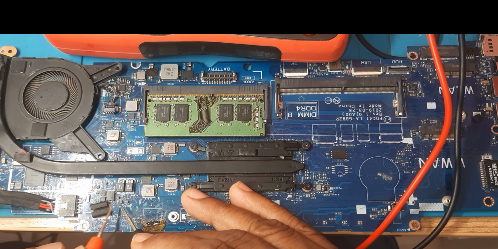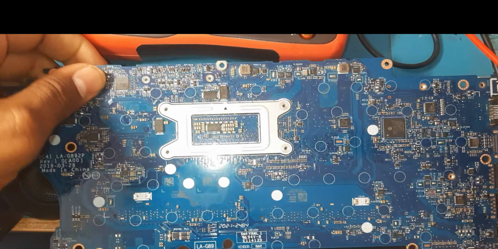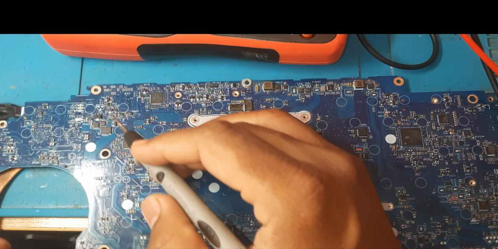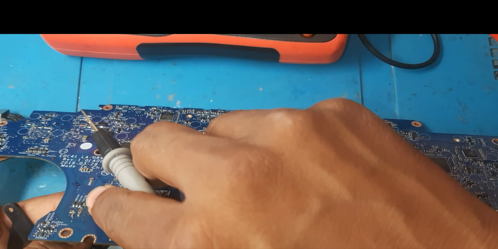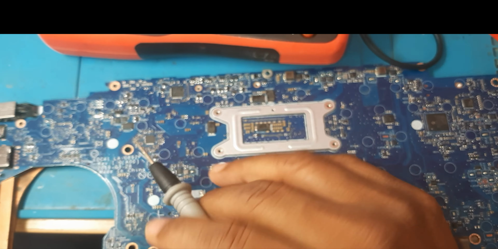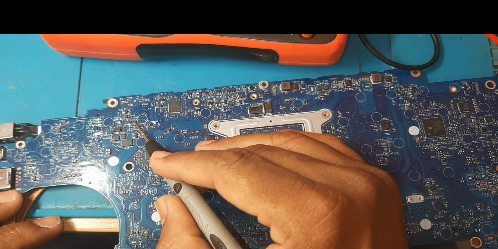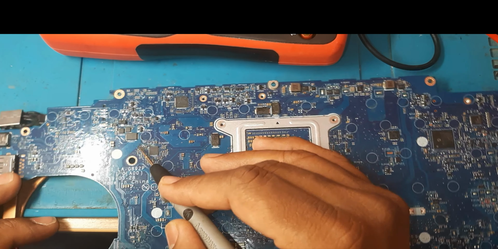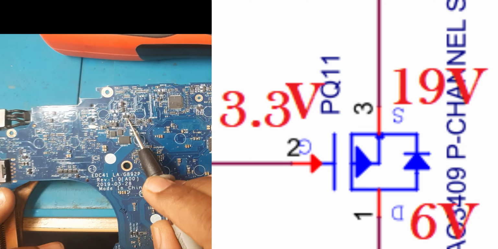After that it is connected to one more P channel MOSFET. That is here actually. Here is the P channel MOSFET. I will remove this fan. Here PQ6 is also there, and this one is PQ11.